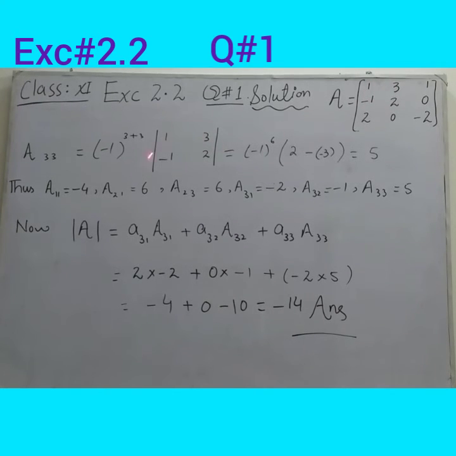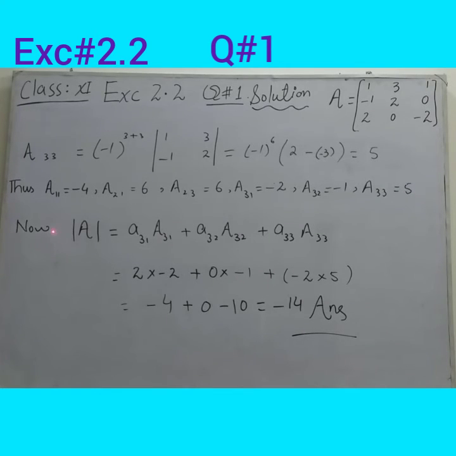The determinant is equal to minus 1 raised to power 6, 1 into 2 minus minus 1 into 3, so it gives 2 plus 3, 5. Thus, A11 is minus 4, A21 is 6, A23 is 6, A31 is minus 2, A32 is minus 1 and A33 is 5.